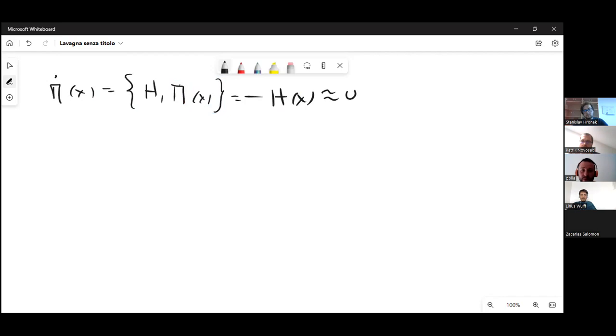And again, weakly zero. This is another secondary constraint, also called the scalar constraint or the Hamiltonian constraint.